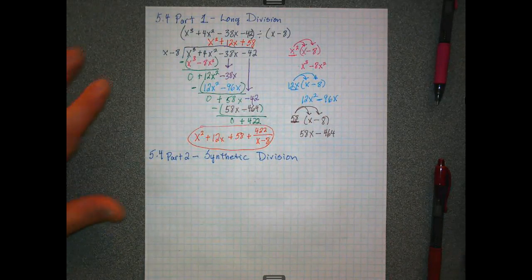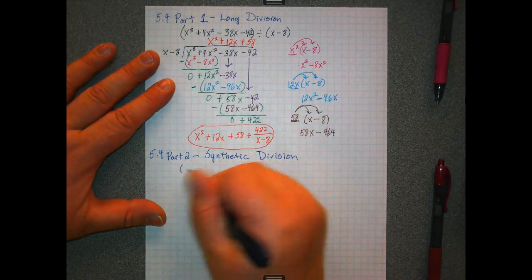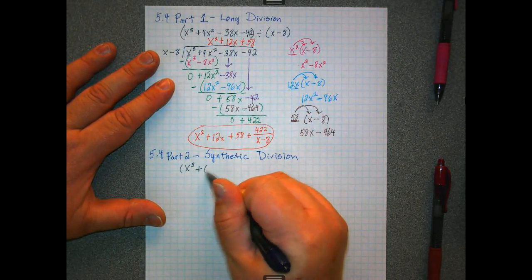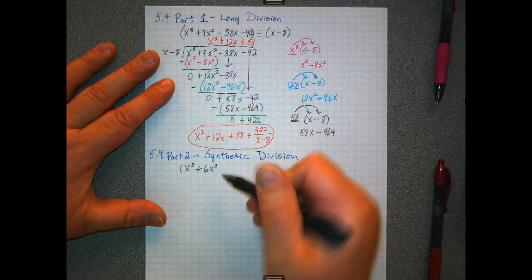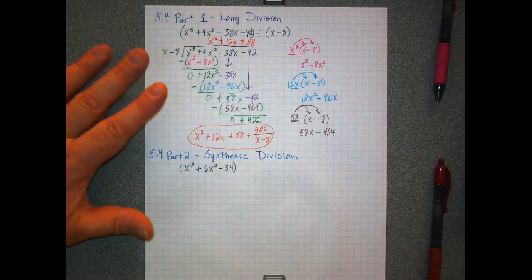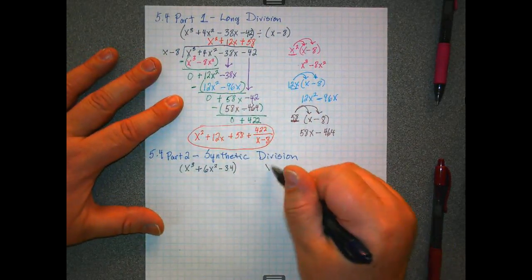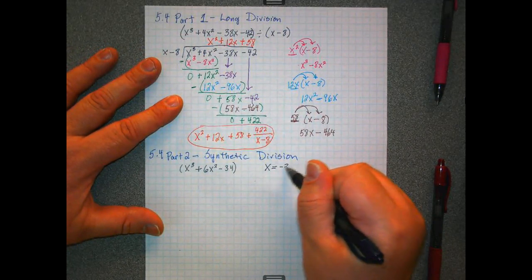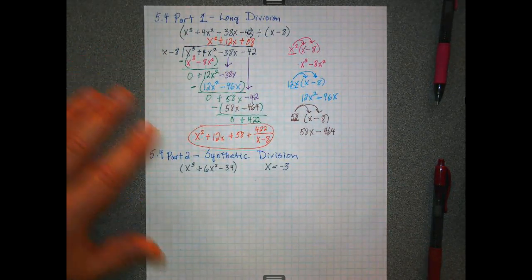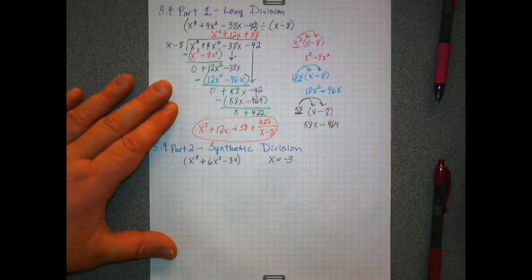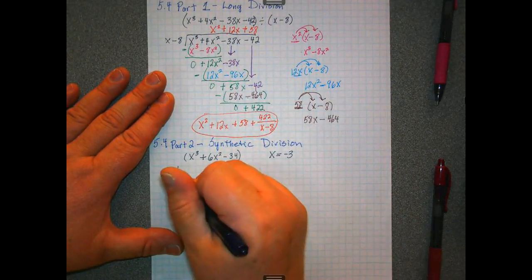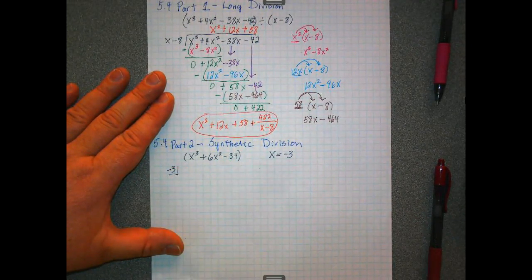So suppose I had a problem: x cubed plus 6x squared minus 34. And I give you one of the zeros, x equals negative 3. Well, synthetically divide that. To see my zero I gave you, negative 3.